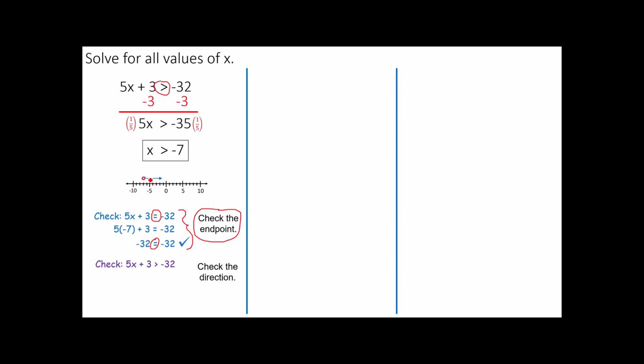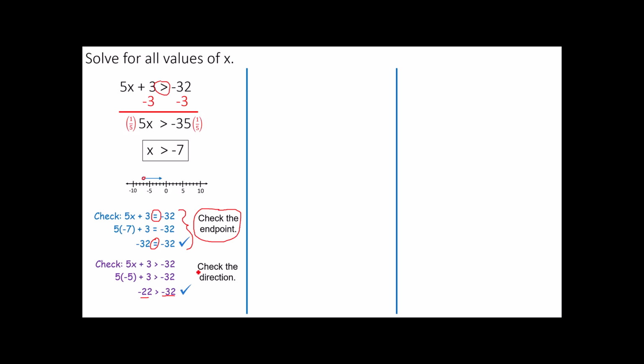The only thing we're trying to determine now is that our arrow should be pointed to the right and not to the left. So I want to pick a number greater than negative 7. In this case, I chose negative 5. And then I simplify to see if it leaves me with something that's true. This is negative 25 plus 3, which is negative 22. Negative 22 is greater than negative 32, so I know my solutions are correct.